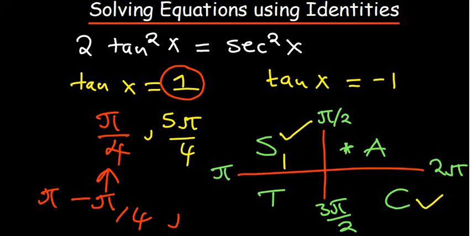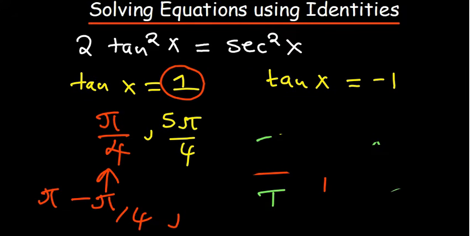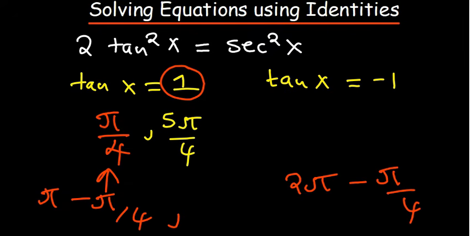And then the other one, of course, how do you find an angle in the fourth quadrant? Find an angle in the fourth quadrant by subtracting from 2 pi, which is of course equal to 360. So again we'll subtract from 2 pi, so 2 pi minus pi over 4. You know how to subtract fractions.